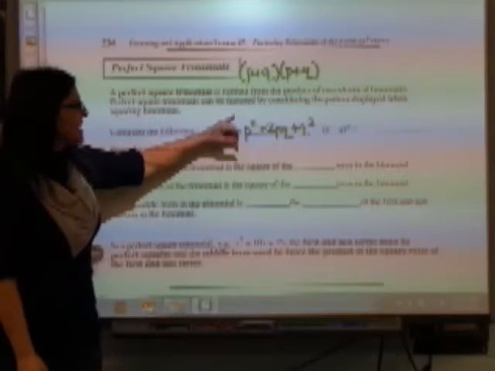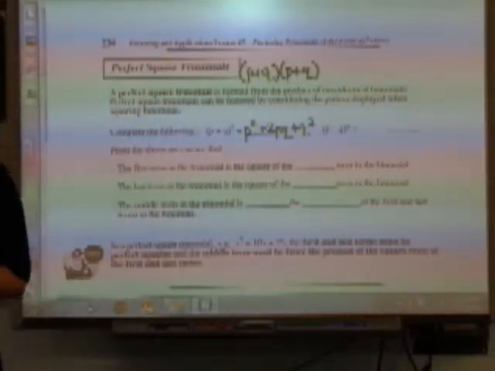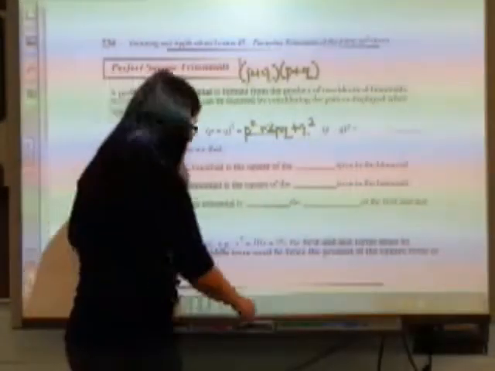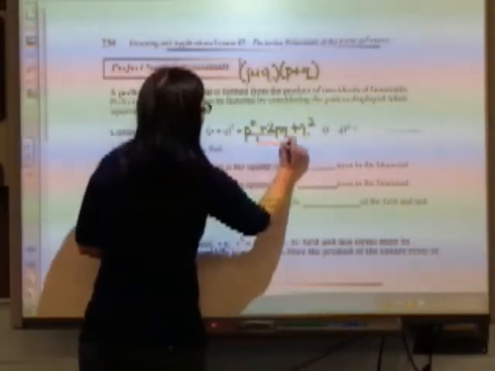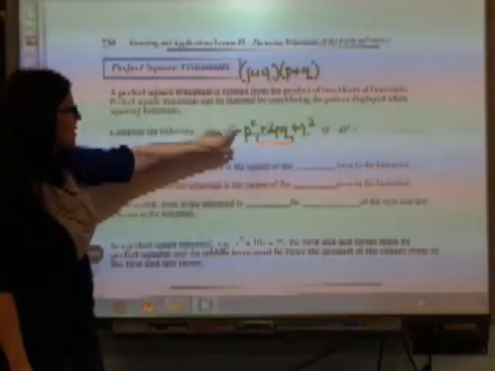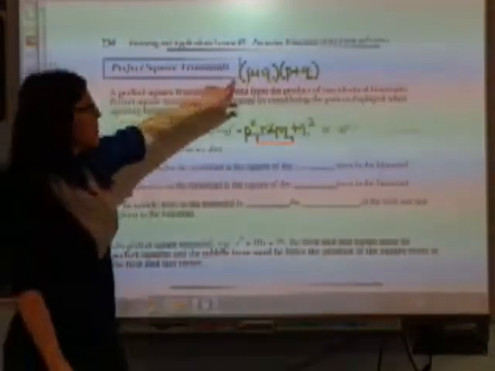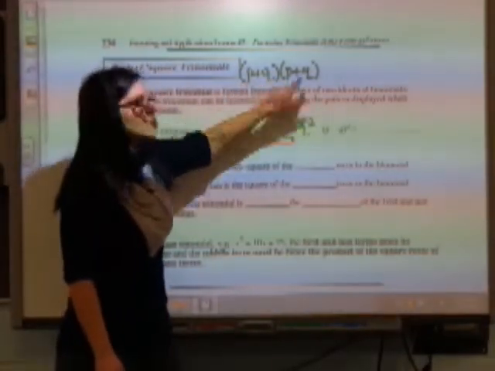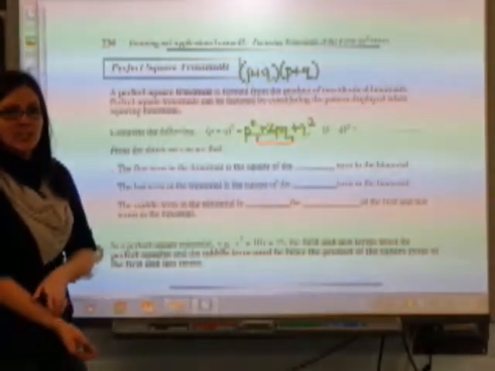When it is written in this form as P plus Q all squared, the most common mistake that is seen is forgetting this inside term. Because we square the first and we square the last, but we forget that when it's expanded out, I have this part of the distributive property still to finish.